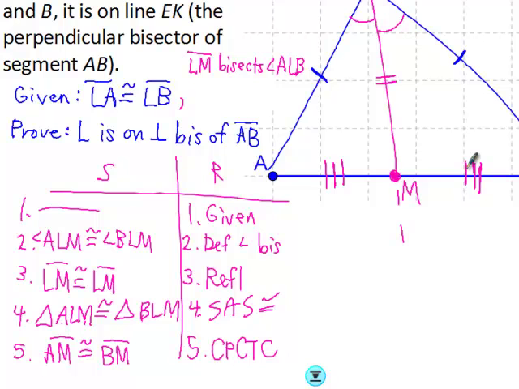Now we need to show that it's perpendicular. So we need to talk about the angles here. Because these are congruent triangles, I think you'll agree that angle M on the right side has to be congruent to M on the left. I'm just going to squeeze this in right here. Angle AML has to be congruent to angle BML.